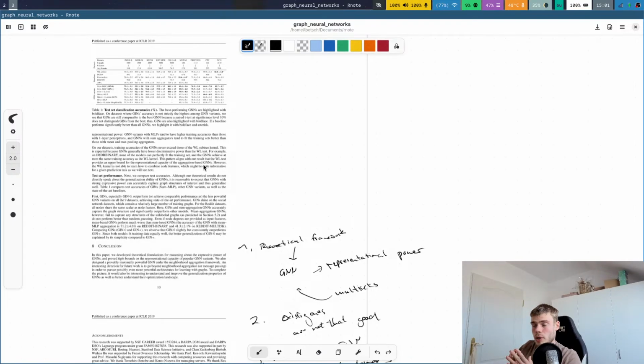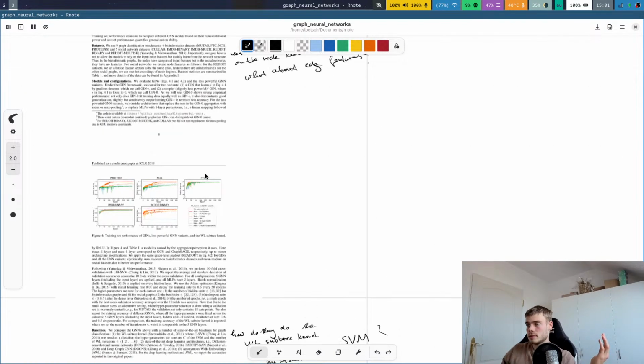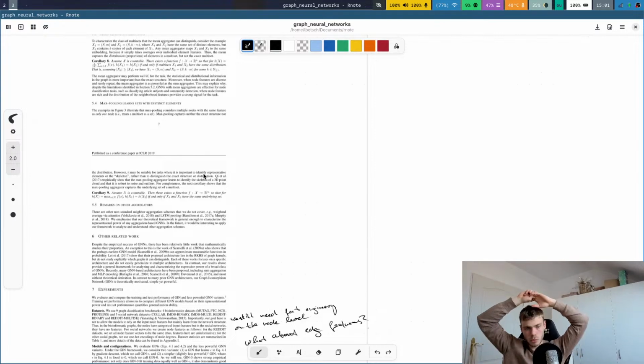We only went by trial and error. So what we now want to do is look at the architecture and deduce from the architecture what the model can theoretically express. And they do so by looking at multi-sets.